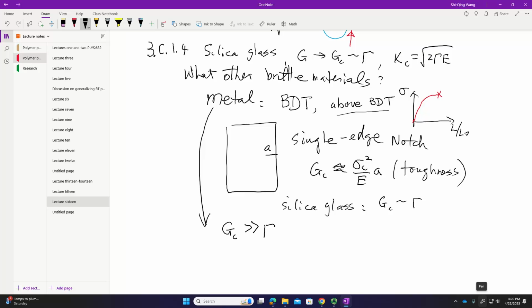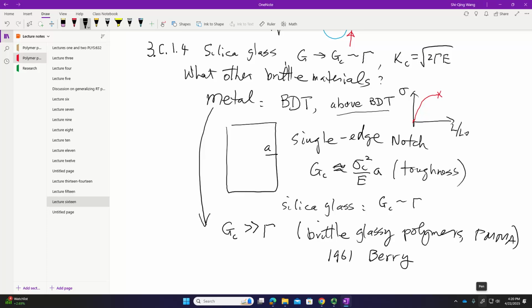By the way, I also learned, remember, we went through the brittle-ductile transition problem. We know your brittle glassy polymer, such as your PMMA at room temperature. If you make a measurement, which was done in 1961 by Berry, who learned about fracture mechanics. Hold on, why are you playing with fracture mechanics for your polymers?